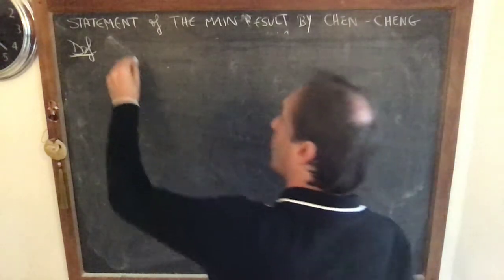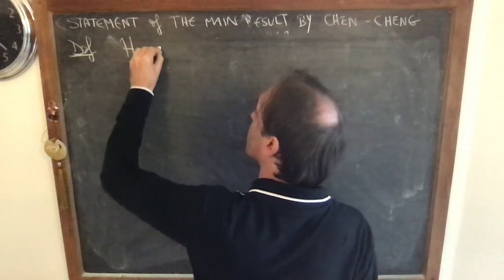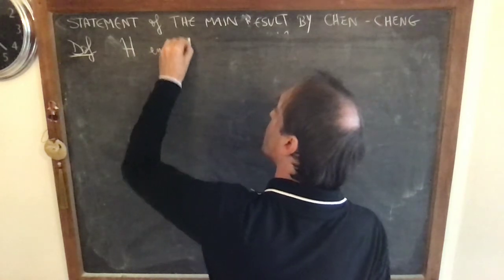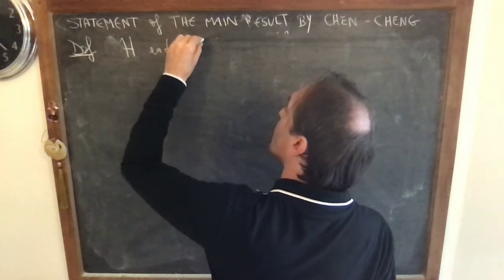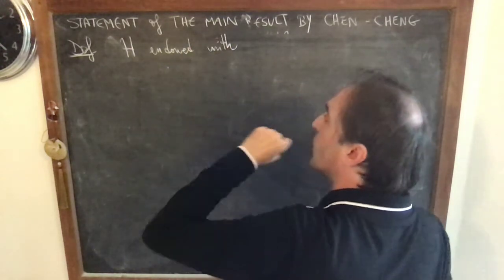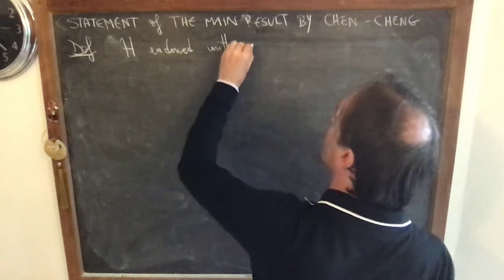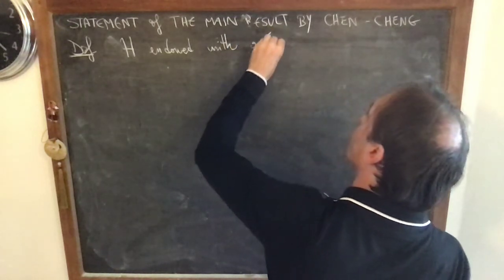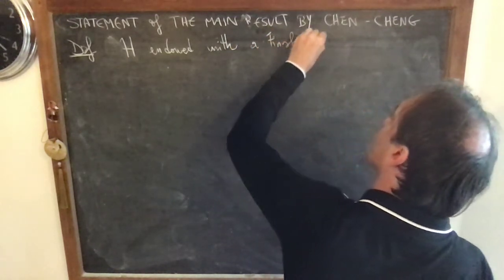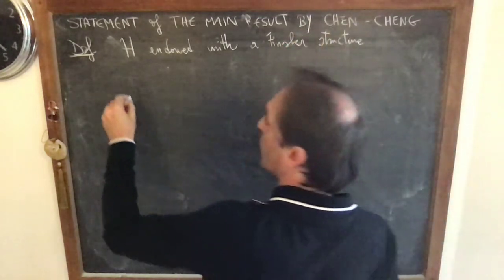The space H can be endowed with a Finsler structure this way.